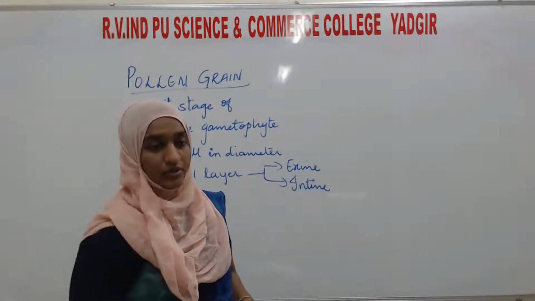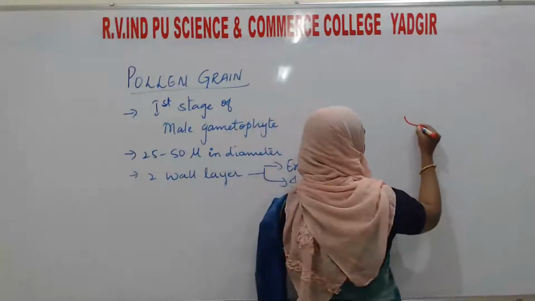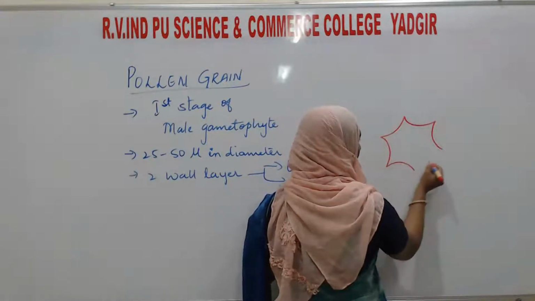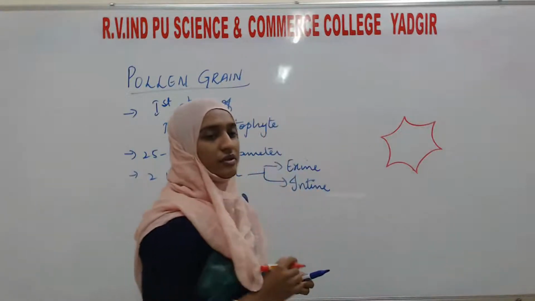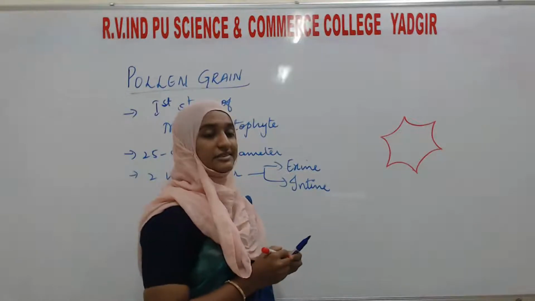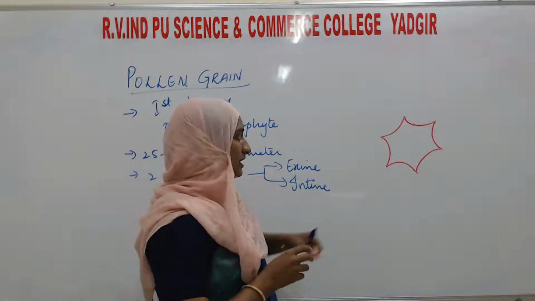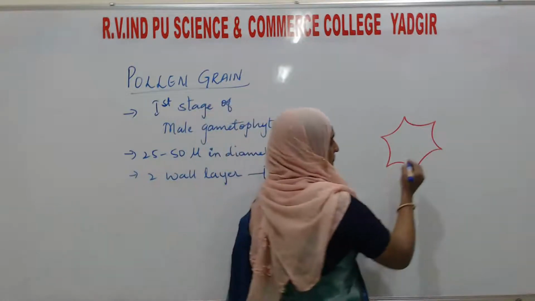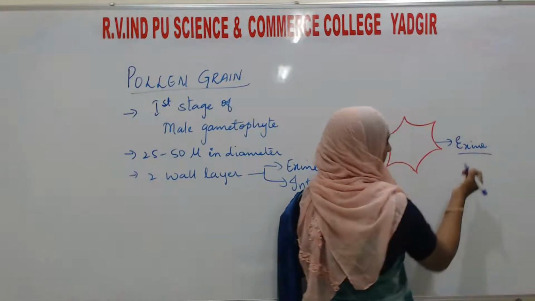Here you see, the exine layer is one of the hard layers present at the outer surface of the pollen grain, and its surface is hard and rough because of the presence of outreaches or outgrowths. You can see here, this outer wall layer is known as the exine.